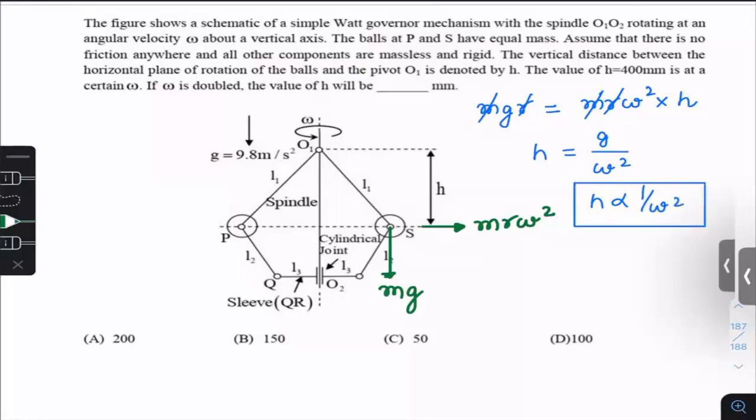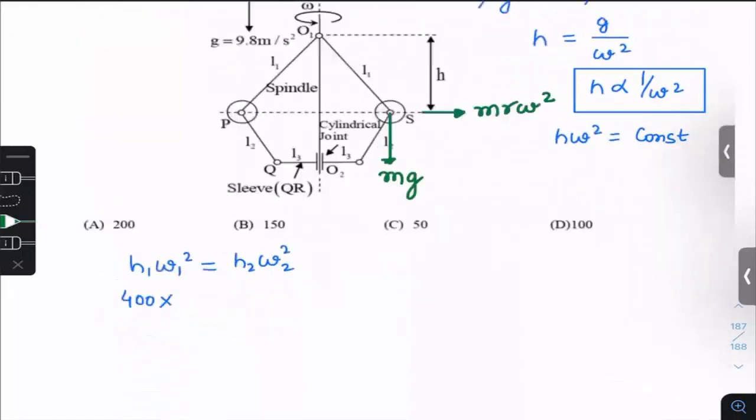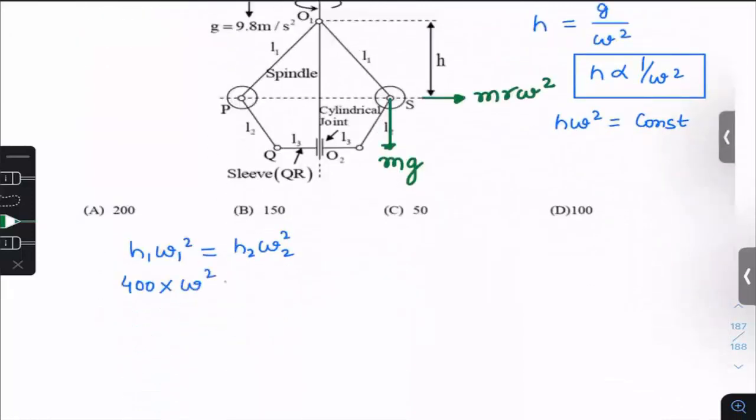So that is quite simple. h omega square is equal to constant. Means you can write h1 omega 1 square is equal to h2 omega 2 square. h1 is 400, omega 1 is given. Double means omega 2 is 2 omega.